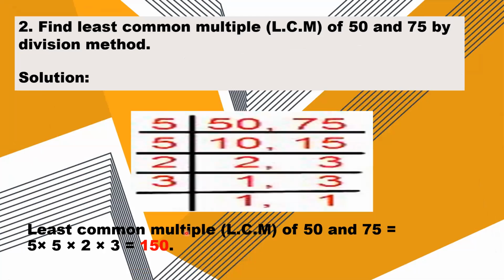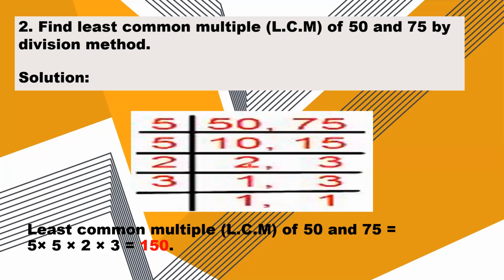Next, another example: LCM of 50 and 75 by the division method. Okay, this is 50 and 75. You are going to divide by 5. 50 divided by 5 is 10. 75 divided by 5 is 15. 10 divided by 5 is 2. 15 divided by 5 is 3.